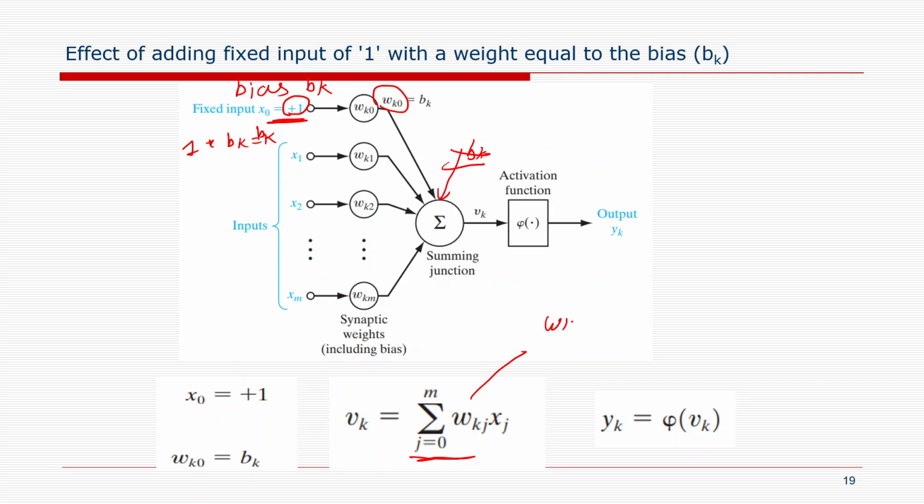It is WK0 and X0, where j goes from 0 to M, and the next term is WK1 and X1, and then WK2 and X2. It keeps going up to WKM and XM.